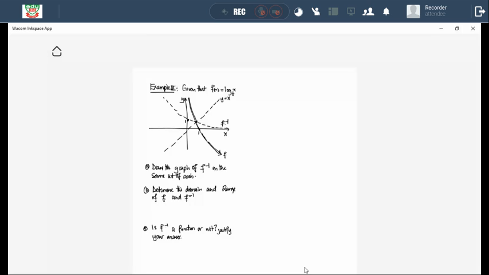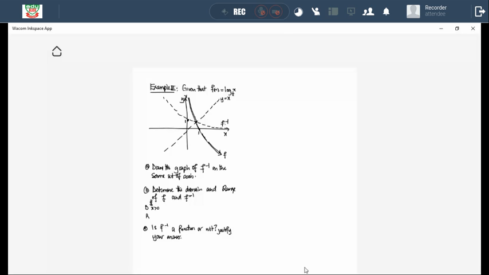Now, determine the domain and range of f. What is going to be the domain of f of x? We can see that this is x greater than 0.